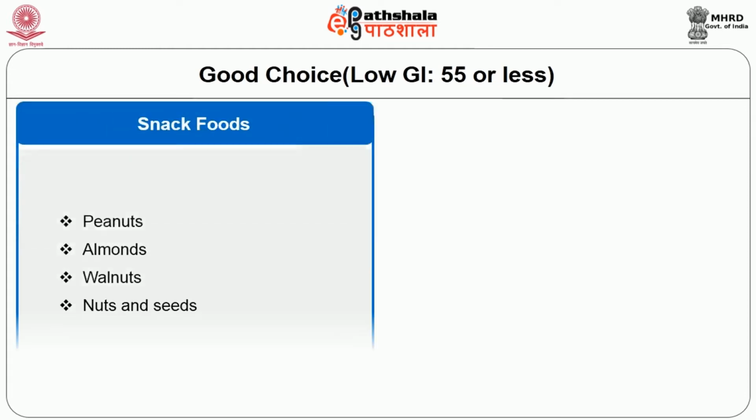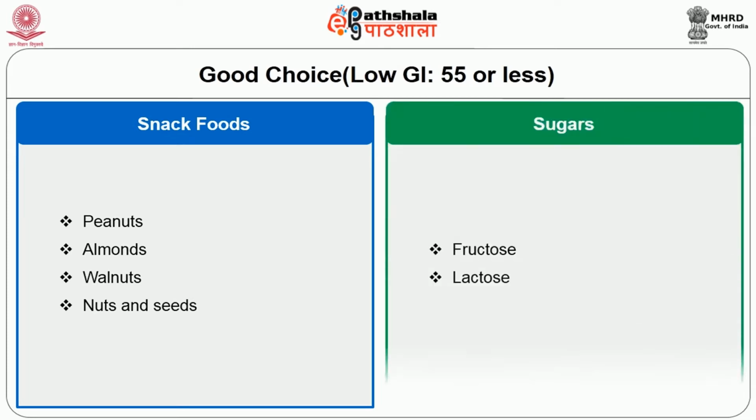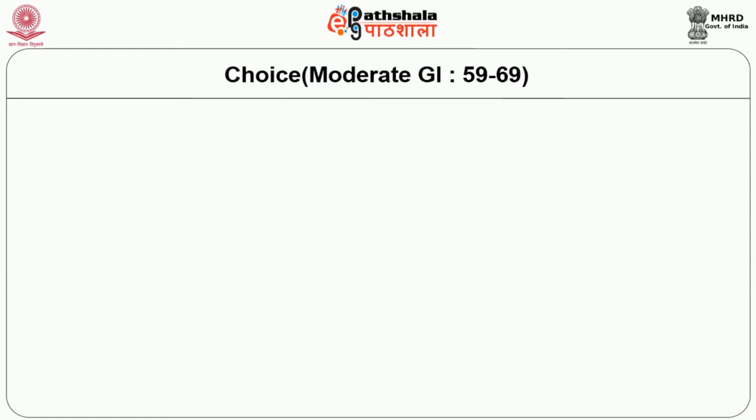Snack foods include peanuts, almonds, walnuts, nuts and seeds, which always have a protective role in the human system along with this low glycemic index. And among sugars, fructose and lactose are the two categorized in the low glycemic index category.